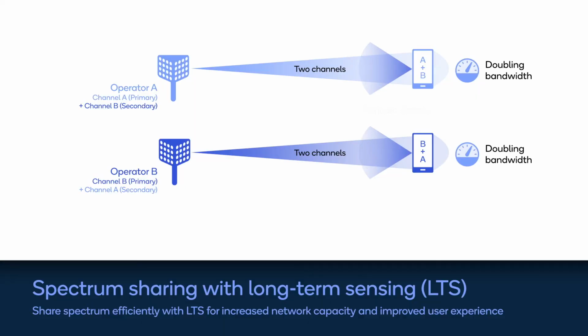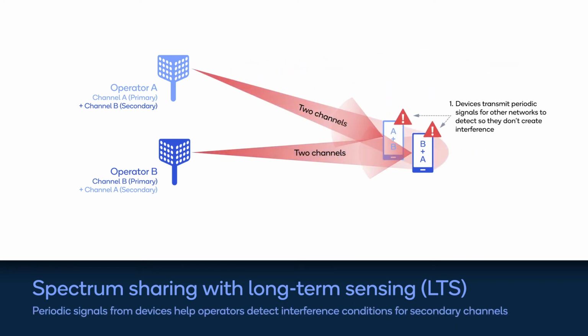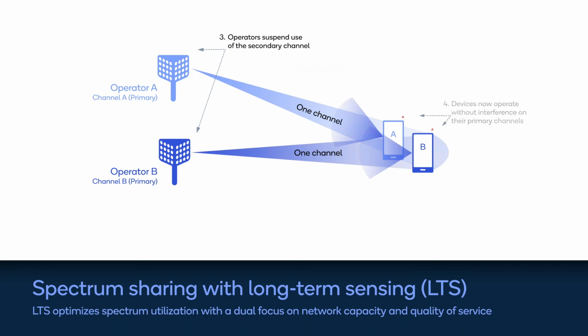We mitigate interference by using long-term sensing, or LTS, where devices transmit periodic signals for each operator to detect. When one or more operators use secondary channels and their beams overlap, they receive one of the periodic signals transmitted by the interfered devices. The operators then suspend the secondary channels and devices continue operating without interference and with high quality of service on their primary channels.